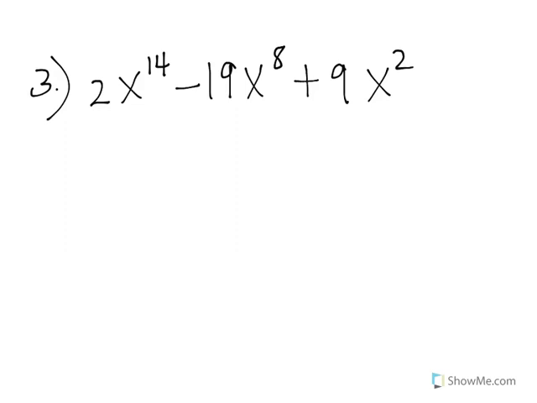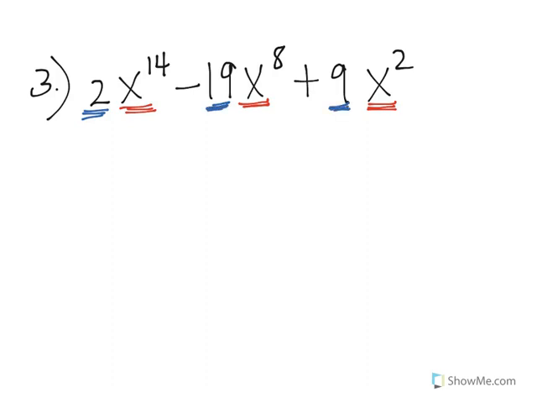I definitely see that there's going to be some sort of GCF because we have x to the 14th, x to the 8th, and x squared. So pulling the lower of the exponents will be x squared. You also want to make sure you consider the coefficients too, although I don't think that there will be a greatest common factor between 2, 19, and 9.